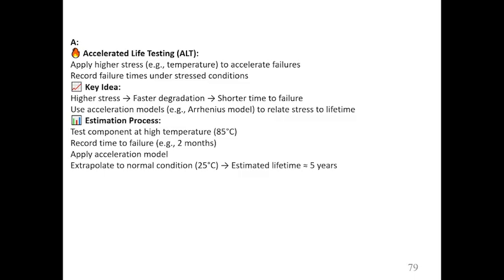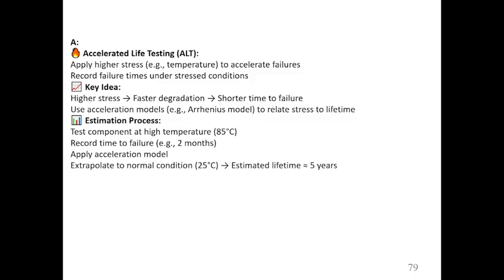By collecting failure data under these accelerated conditions, engineers can also apply models such as the Arrhenius model to establish a relationship between the temperature and lifetime. The key idea behind accelerated life testing is that higher stress levels accelerate the same physical failure mechanisms that occur under normal conditions.